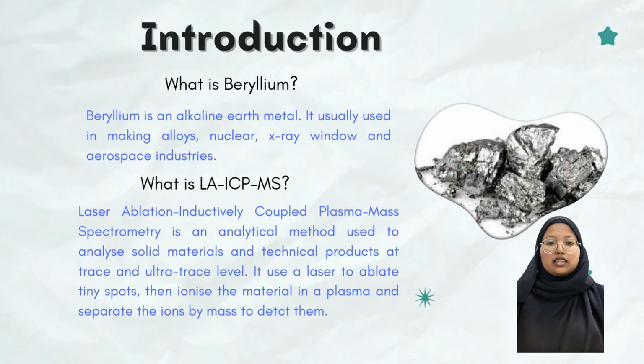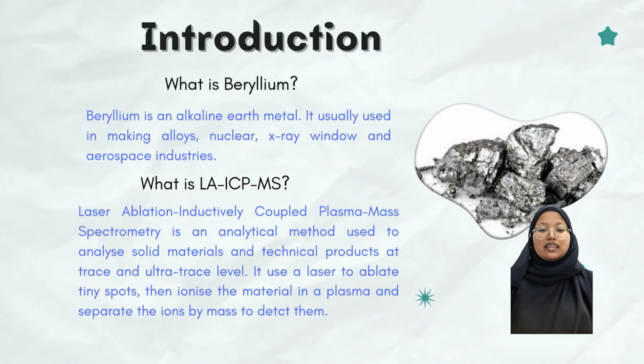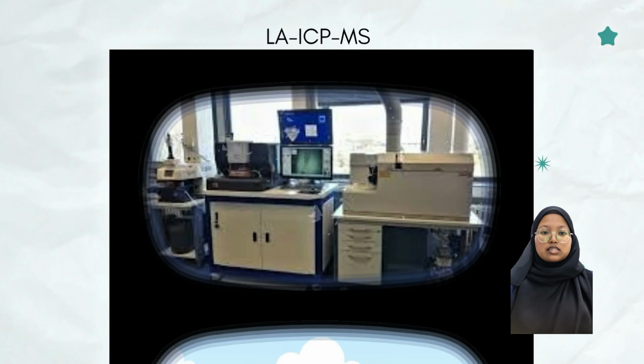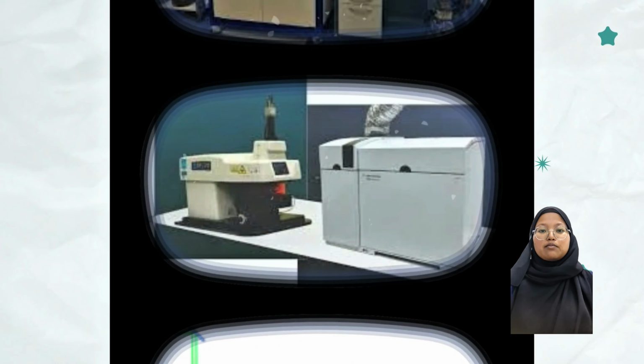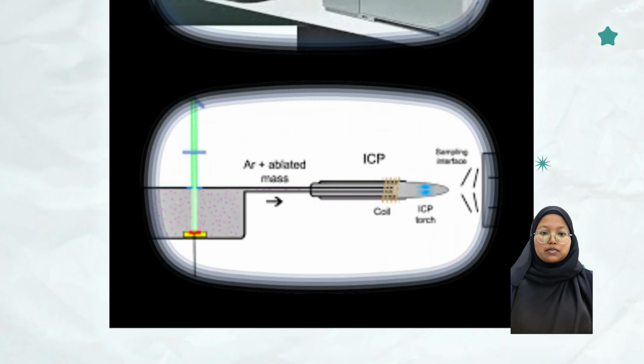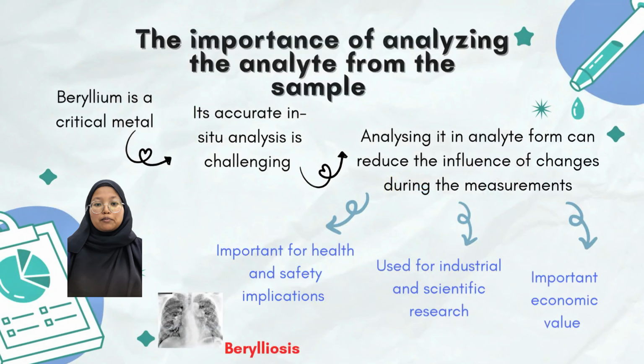Laser ablation inductively coupled plasma mass spectrometry is an analytical method used to analyze solid materials and technical products at trace and ultra-trace level. It uses a laser to ablate tiny spots, then ionizes the material in a plasma and separates the ions by mass to detect them.